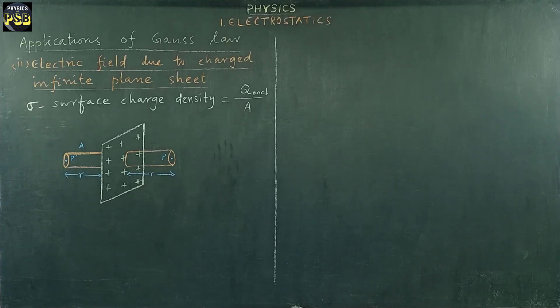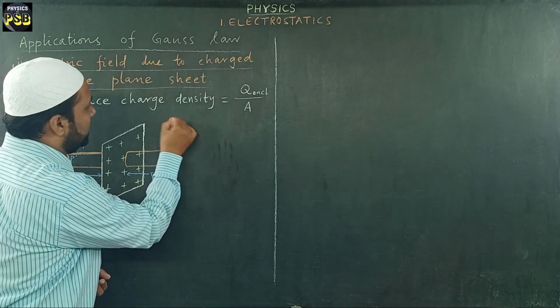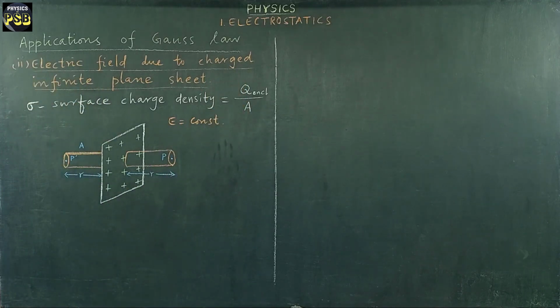So electric field is a constant at some particular distance from this charged infinite long sheet. So I write it this way. E is equal to a constant. Right. Then I will go ahead.